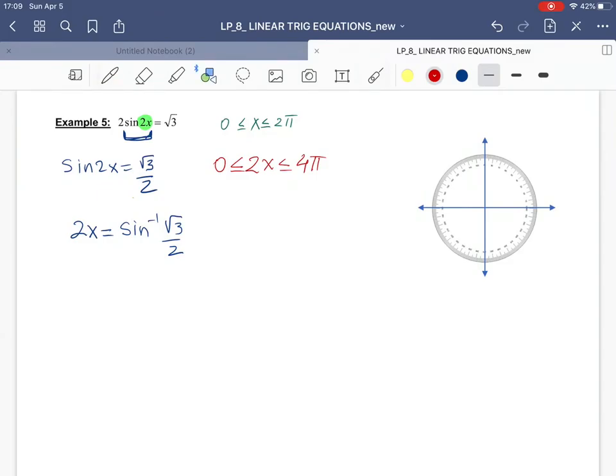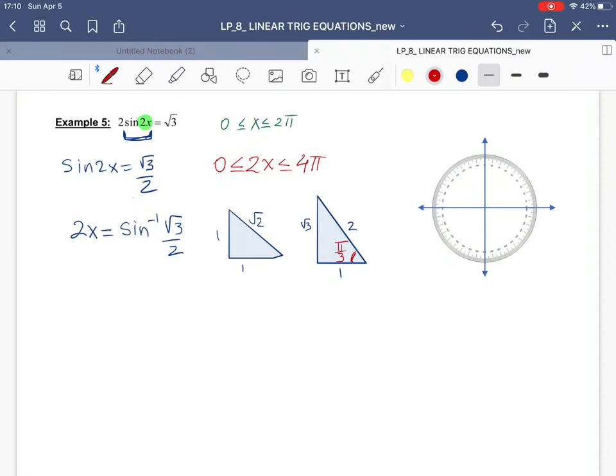I'm going to draw my triangles again very quickly. Oh, it's not even a triangle. It's okay, you know what I mean. So we have 1, 2, root 3, 1, root 2. So sine of root 3 over 2 suggests that we have the angle 60 degrees or pi over 3 here.